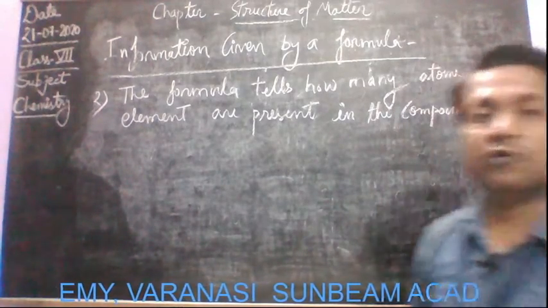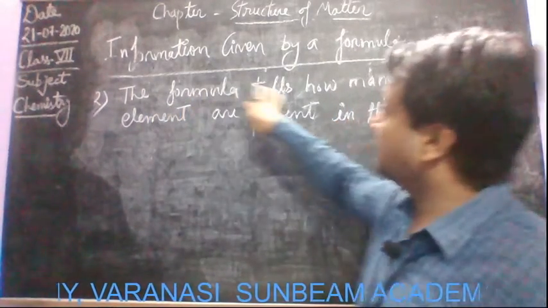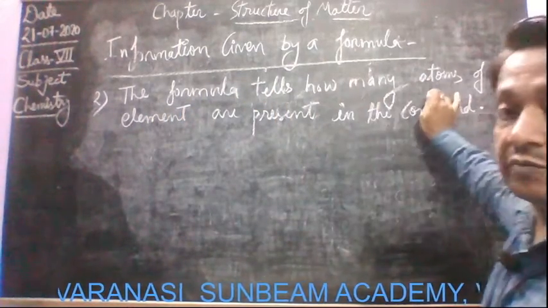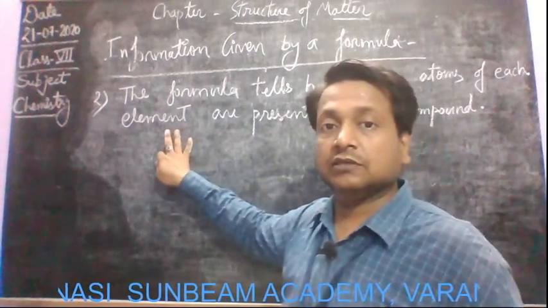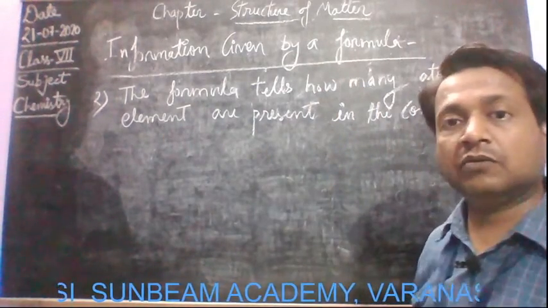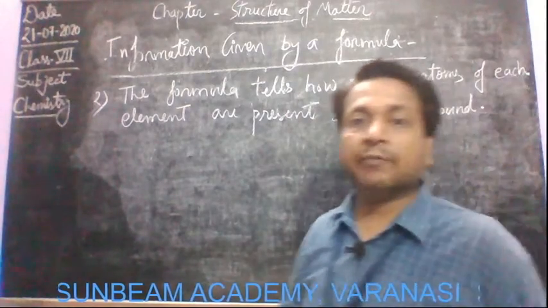The second information: the formula tells how many atoms, that is, the number of atoms of each element present in the compound. So take the example again.